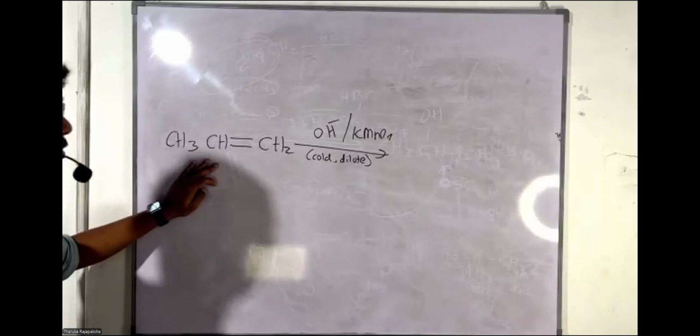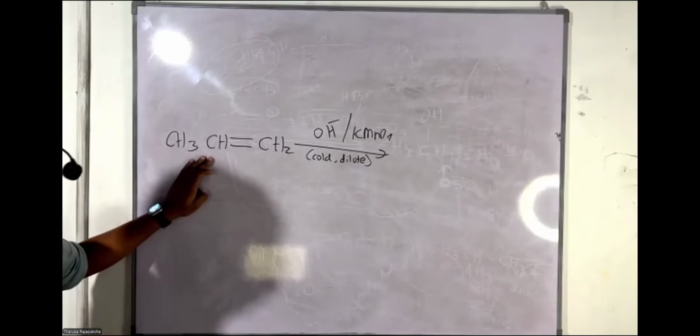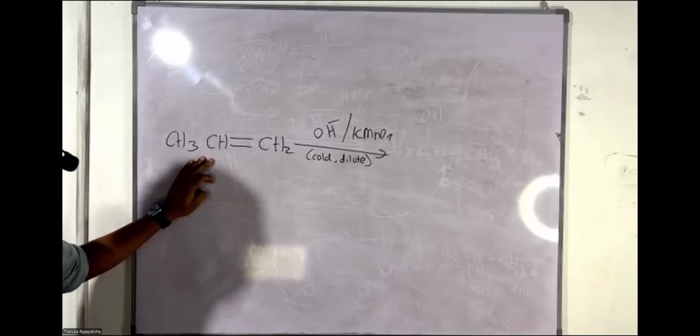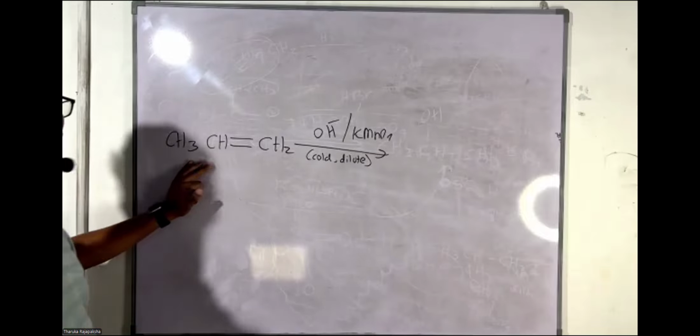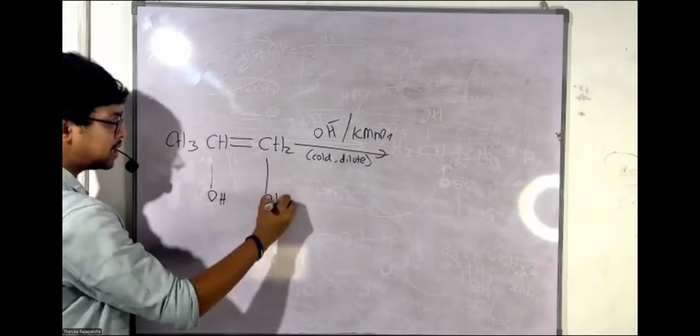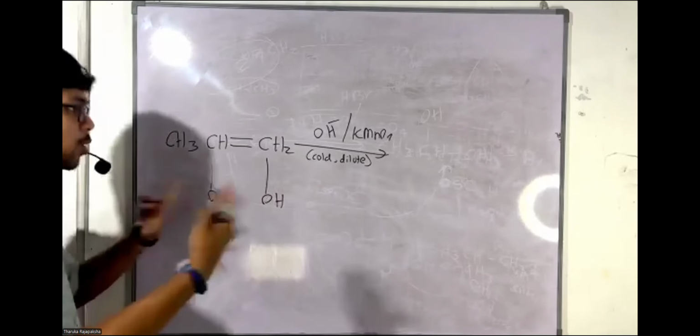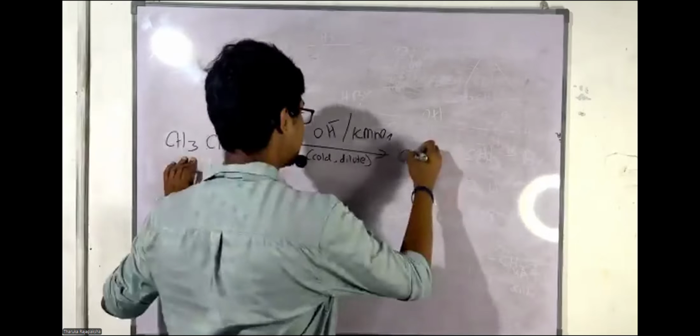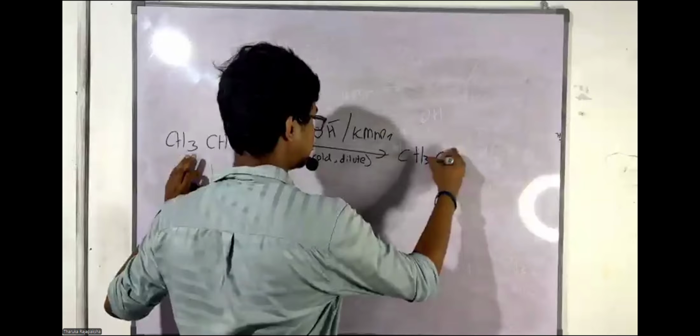You are adding OH minus KMnO4, basic medium KMnO4. Now the product looks a bit weird. OH will attach to this carbon and another OH will attach to the neighboring carbon. That is called a diol, or a glycol.